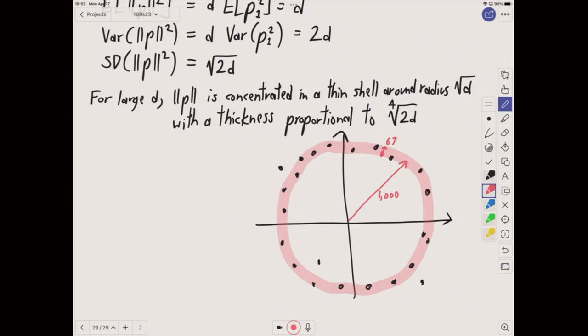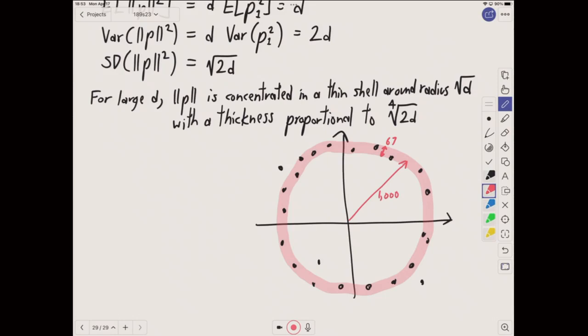And that's being generous. 67 is about 10 times the standard deviation. I made it really wide just to make sure that almost all the points fall in that shell. So the vast majority of random points, when you've got a curve like an eggshell that's 10 standard deviations thick, the vast majority of points are going to fall within 10 standard deviations of the mean. So they're going to be in that eggshell.